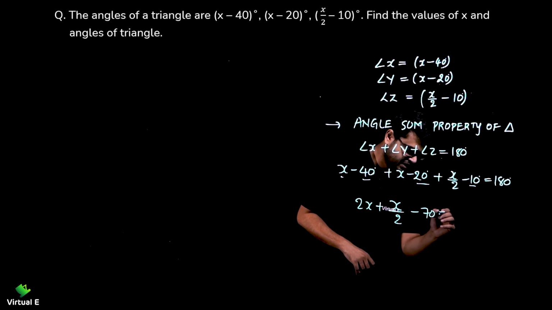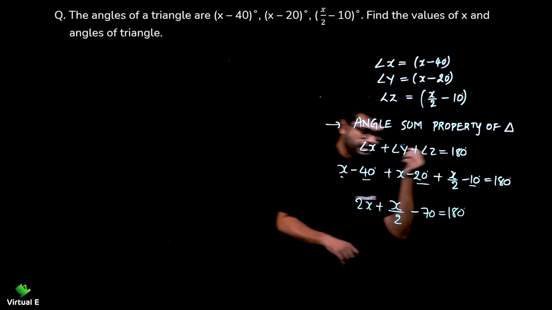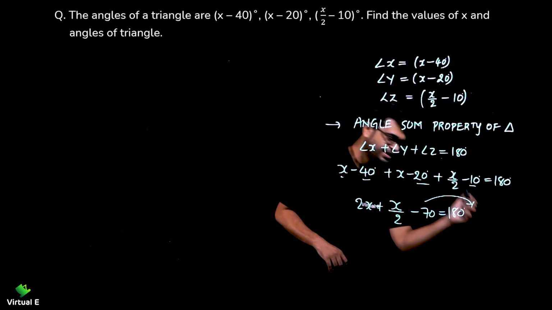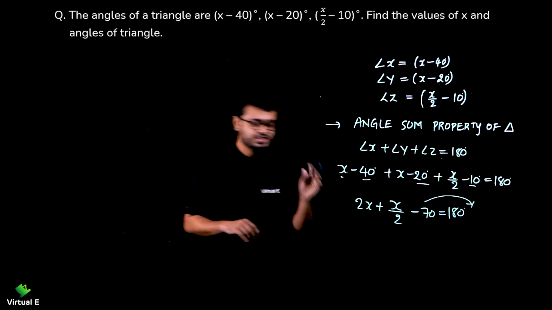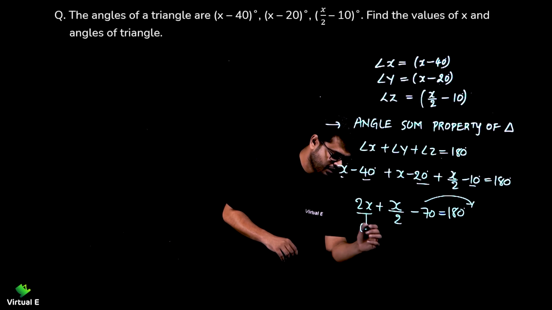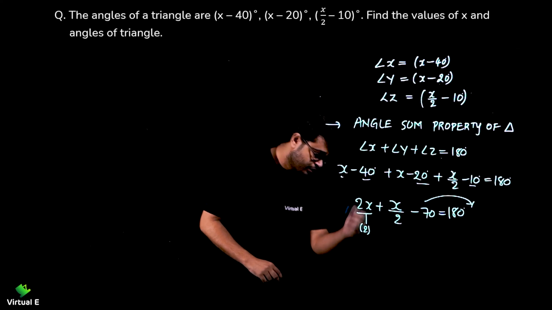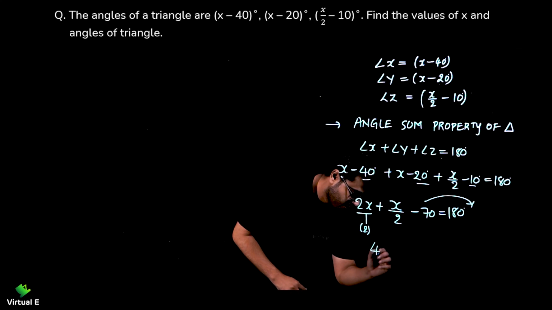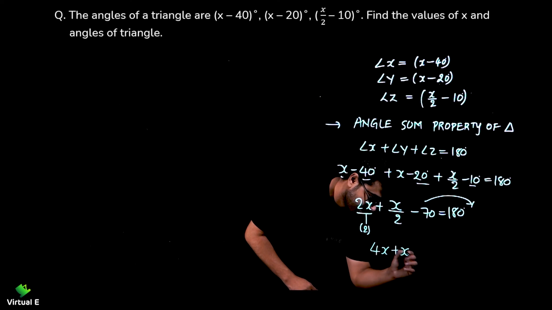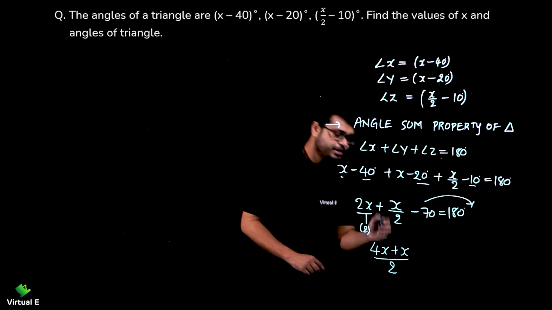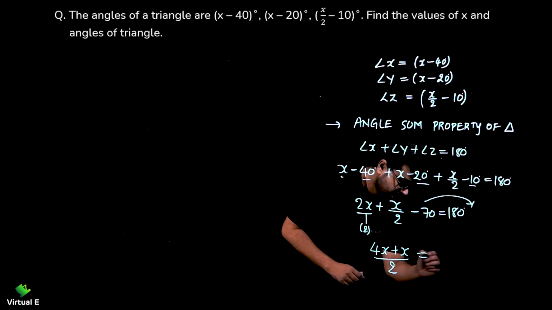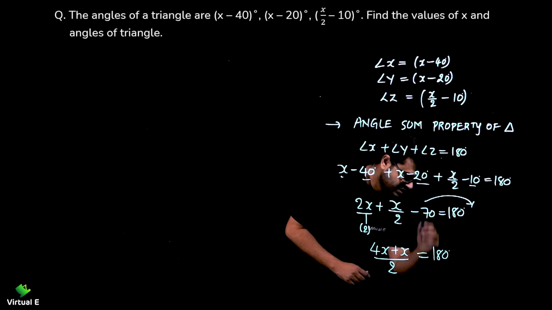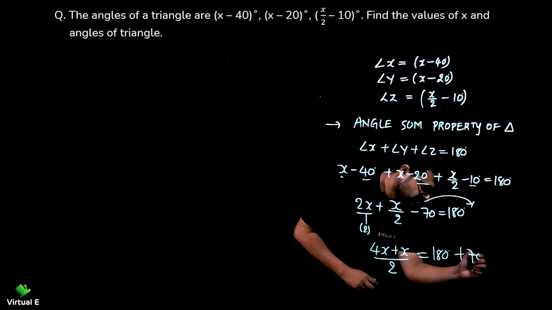So minus 70 is equal to 180 degree. This we will shift over that side. That's very simple to do. Now here 2x plus x by 2. In this case, we need to take the LCM, which is 2. So here 2 twos are 4x plus x. Remember very carefully, the common denominator is 2 because we have taken the LCM, and 70 over that side. So 180 minus 70 will become plus 70.